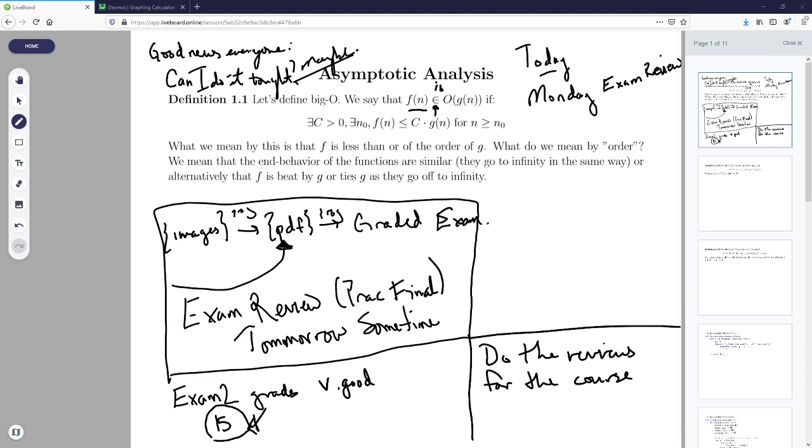If you're interested in Ben news, the answer is Ben is resting. He's preparing himself. He might come by later. But do the reviews for the course. The department's basically told us that they won't count against us if they're awful.